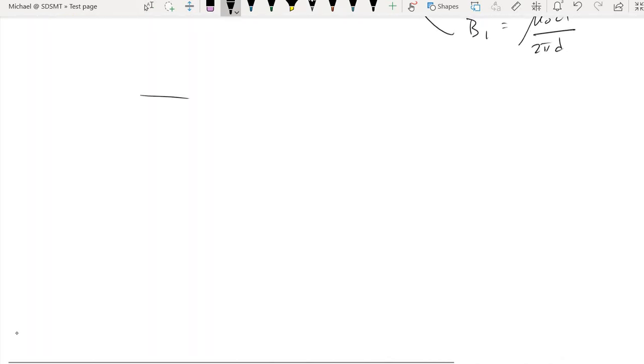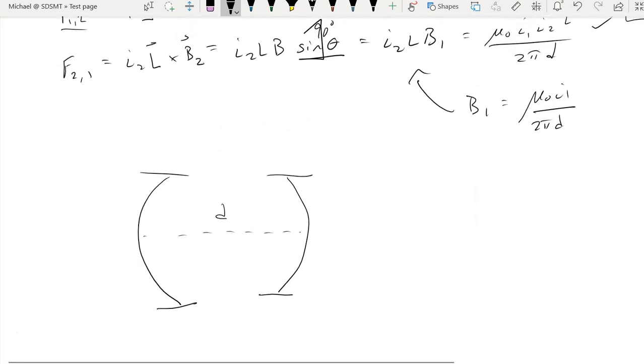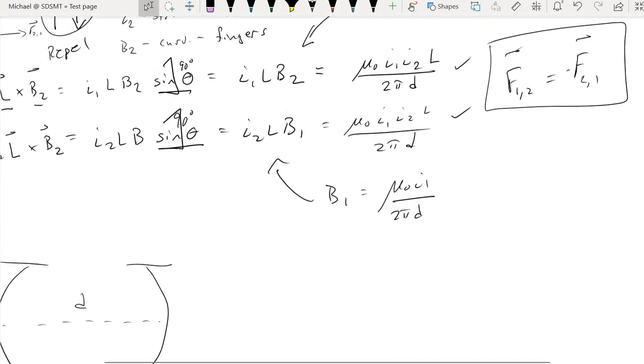But for the repulsive case, these wires are going to push away on each other. As those wires push away, the separation distance is going to get larger. As the separation distance gets larger, the magnitude of force becomes smaller.